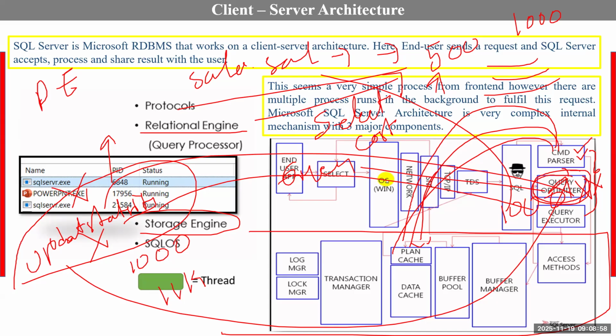How is it preparing the plan? Based on two things: one is cost, one is selectivity. What do you mean by selectivity? How much data you are reading and processing. And one more is cost, which is also very important. For human beings, cost is money.